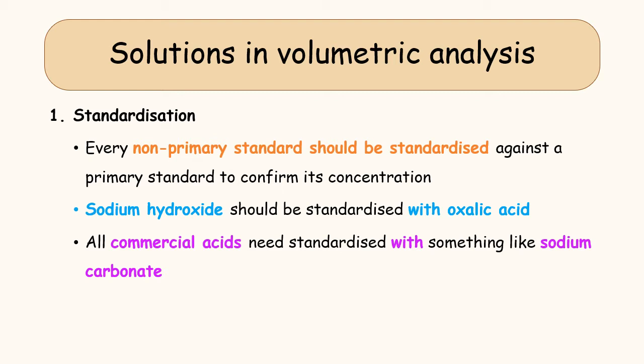So if you see that chemicals that are not primary standards have been used in a volumetric analysis, one way the experiment can be improved, or made more accurate, is by explicitly saying that those non-primary standards should be standardized. And if you can give examples of chemicals that could be used to standardize them, that's even better.